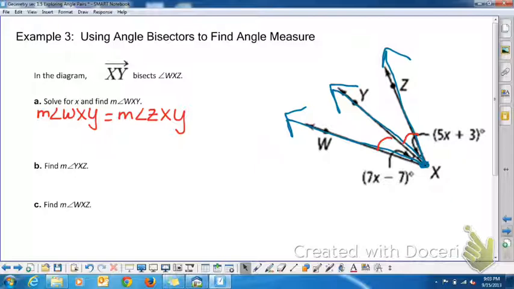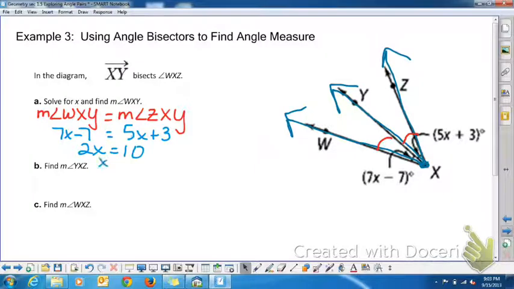So if angle WXY is represented by the expression 7x minus 7, and angle ZXY is represented by the expression 5x plus 3, we can collect all our variables on one side and all of our numbers on the other, using the subtraction property and the addition property. So we'll get that 2x is equal to 10, because I subtracted 5x from both sides for 2x, and I added 7 to both sides for 10.